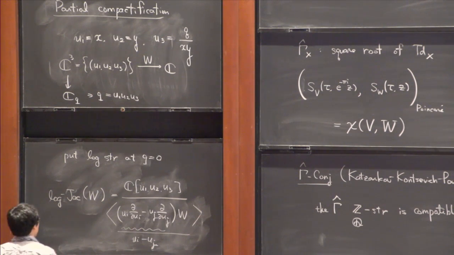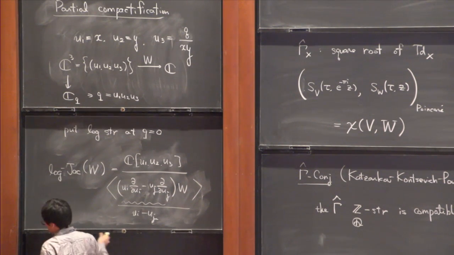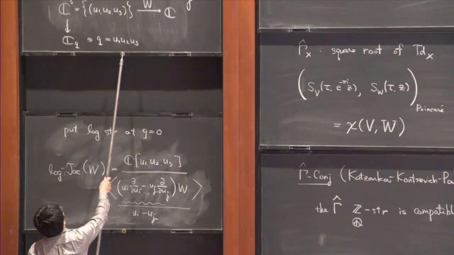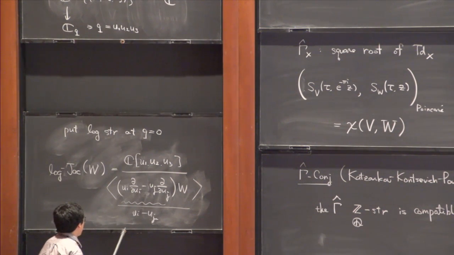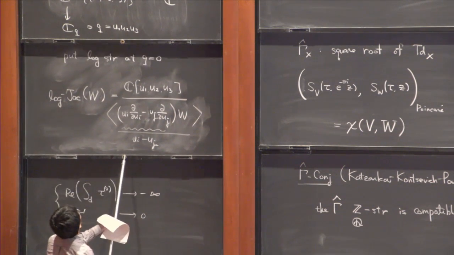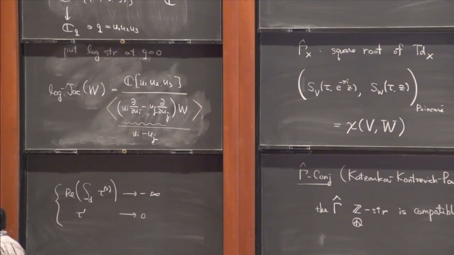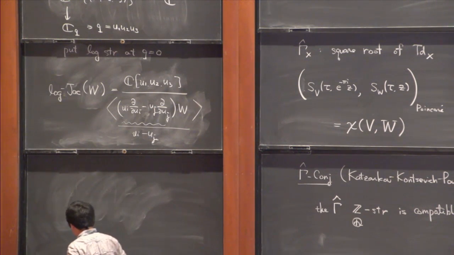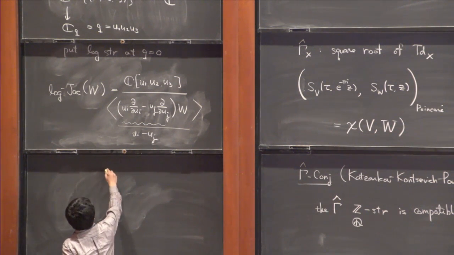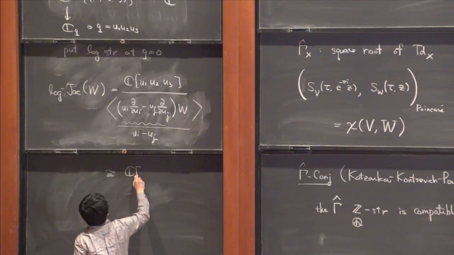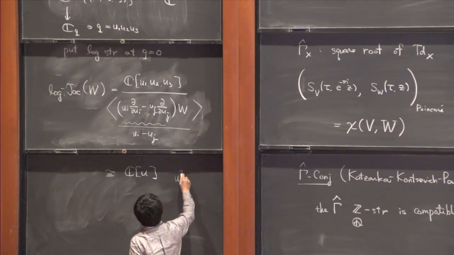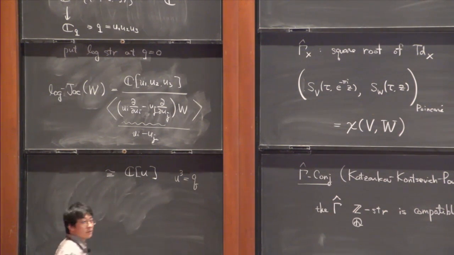For example, if you put q equals 0 in this formula, this is just C[u], since u1, u2, u3 are all the same, and u cubed is the original q.